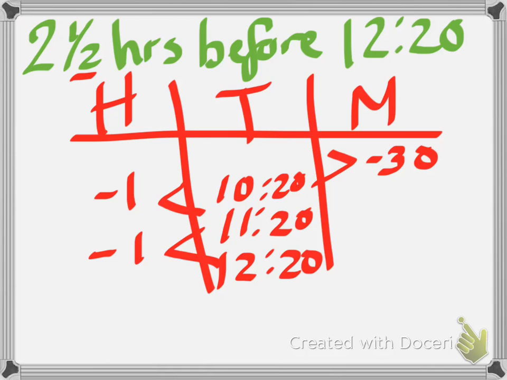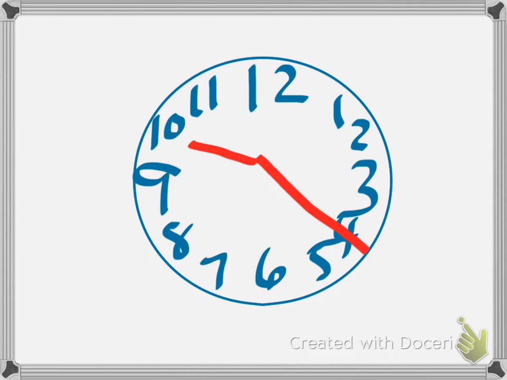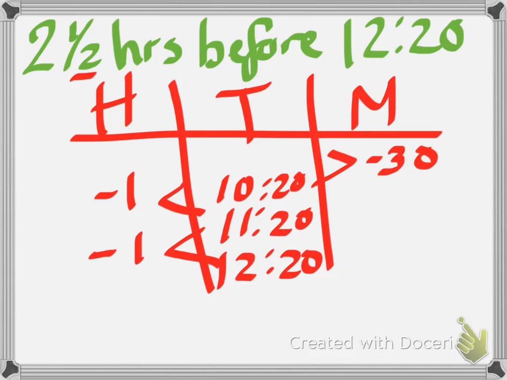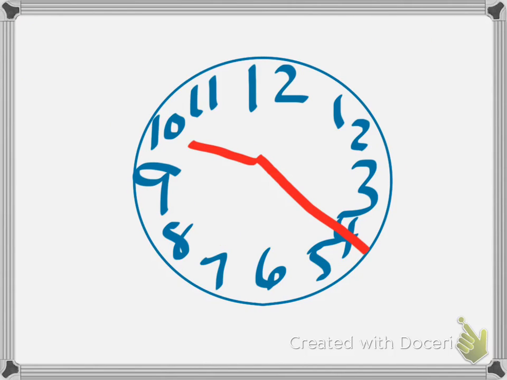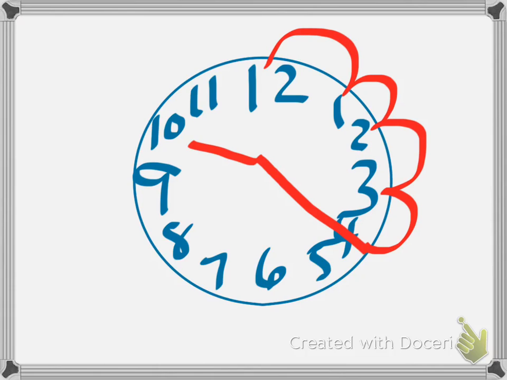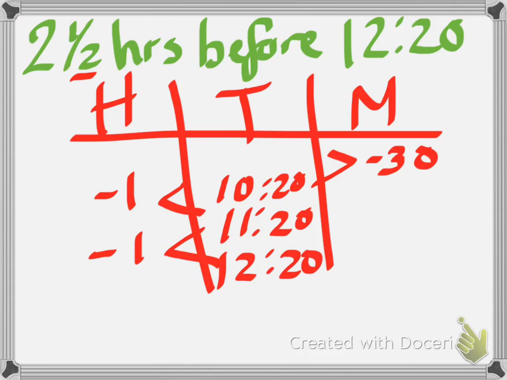Now we need to take away 30 minutes because we're taking away a half an hour. Okay, and if you're not sure, you can go ahead and draw a clock, which I've already done for you. So we have 10:20, but we need to go back 30 minutes. So we need to back up 30 minutes. 5, 10, 15, 20. Uh-oh, wait a minute. We're going backwards past 12 o'clock. So that means we need to go backwards with our hours here.